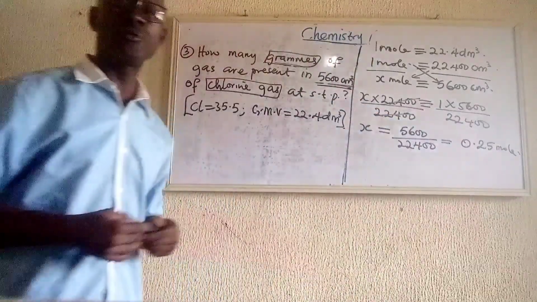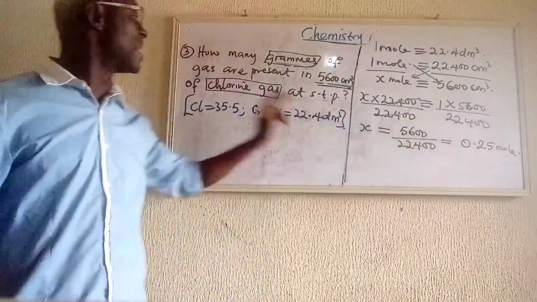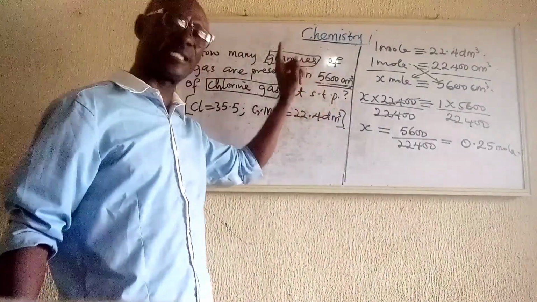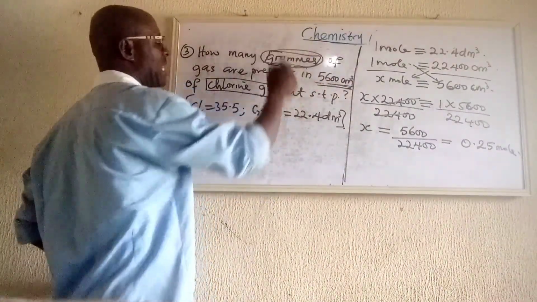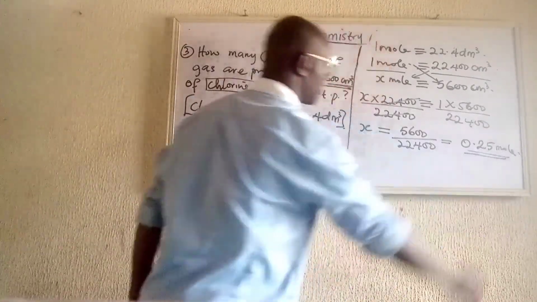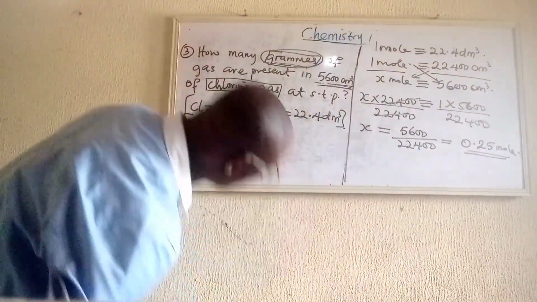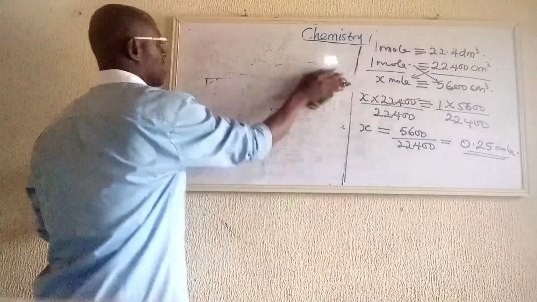Now, we have been able to find the number of mole present in 5,600 cm cube. But do not forget, the question is asking about what? Grams. That means, what next? Convert this to what? Grams. By using one of our previous information in the previous videos.